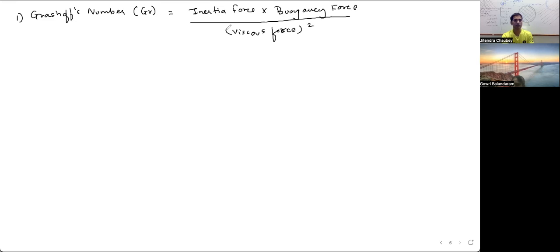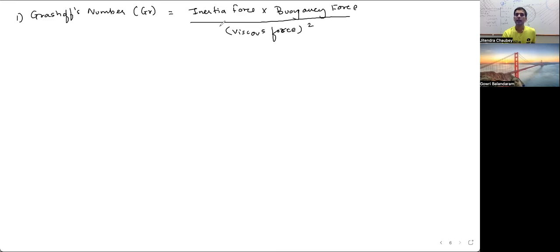Because these are all dimensionless numbers, over there it was inertia force upon viscous force. Here it is simply inertia force upon viscous force into buoyancy force upon viscous force. I think you can understand why buoyancy force is considered, because in natural convection the flow is solely because of density difference, and that density difference generates the flow because of a force called buoyancy.